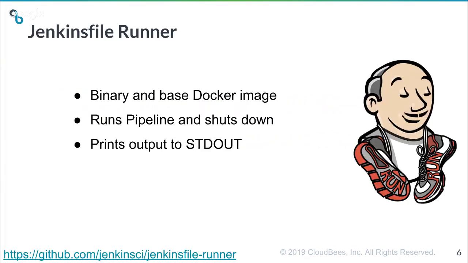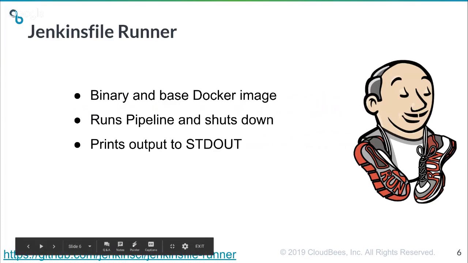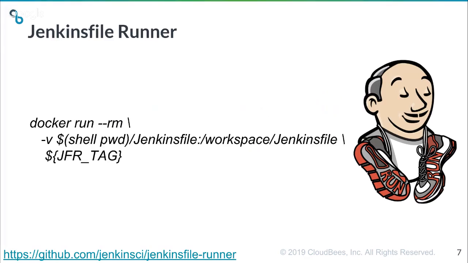This is what Jenkinsfile Runner is about. Basically, it's just a binary or Docker image which takes your pipeline and executes it. Currently, it has access to workspaces, and it also can dump data to stdout. Probably I should just show a quick demo.